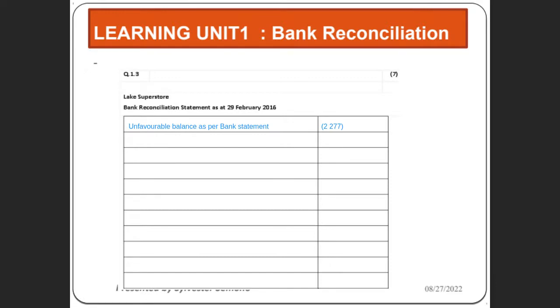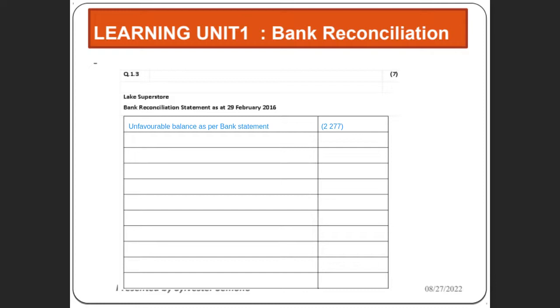When it's unfavorable, you put it in brackets. It's a negative amount. So when it's favorable, we just put it as a number.